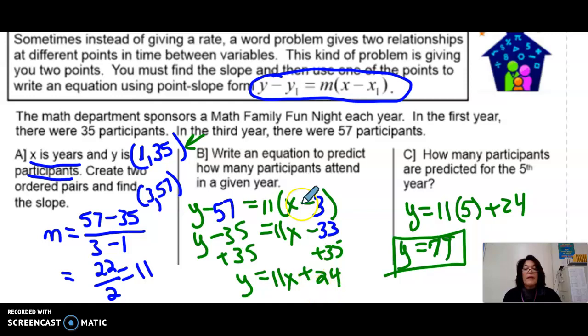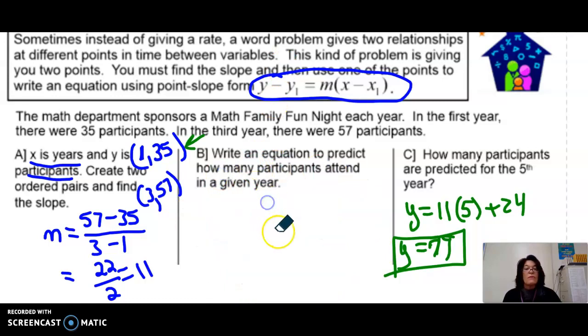And this, of course, would have been 57 that I was using. So I would have added 57 to both sides. Let's see, 57 minus 33. If I do that on my calculator, oh, what a shocker, I get 24. So, again, it doesn't matter which point you use.